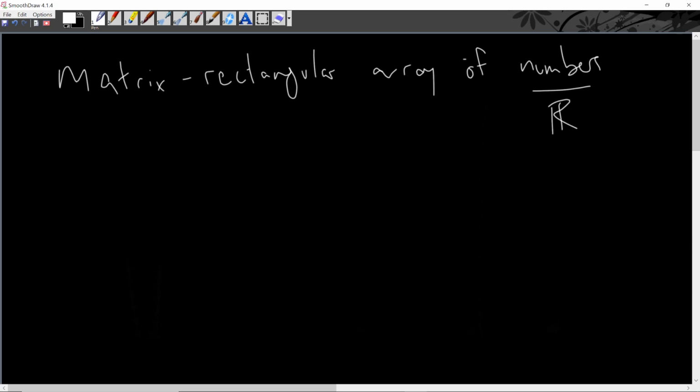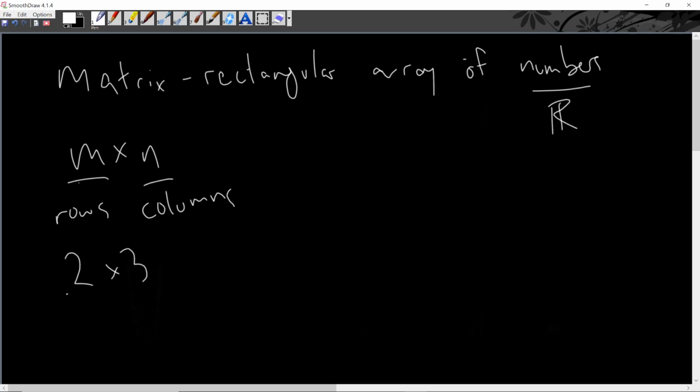it's interesting. So let's draw, or at least write, a representation of a matrix. We say that a matrix is M by N if it has M number of rows and N number of columns. So a 2 by 3 matrix has 2 rows and then 3 columns. So let's draw a real quick matrix.